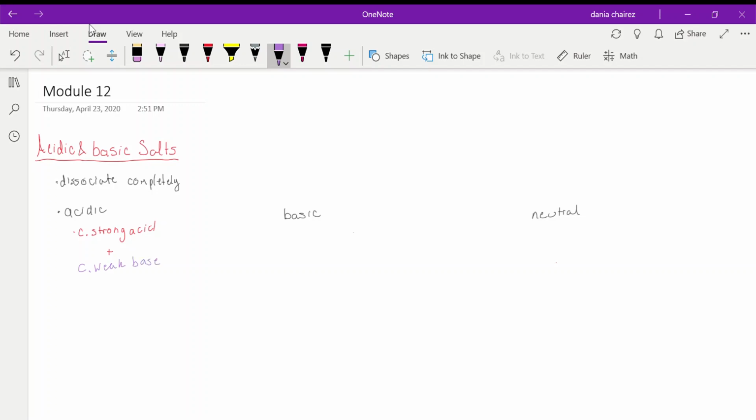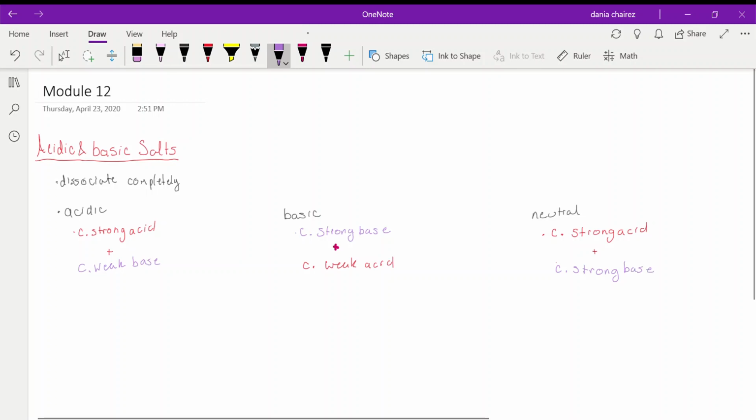For a basic salt, you're going to have the conjugate of a strong base plus the conjugate of a weak acid. And finally, for a neutral salt, you're going to have a conjugate of a strong acid plus the conjugate of a strong base.